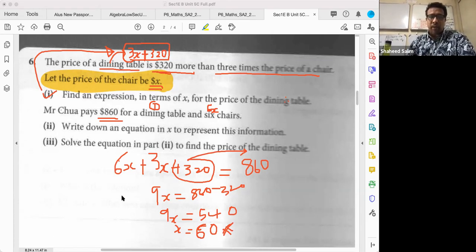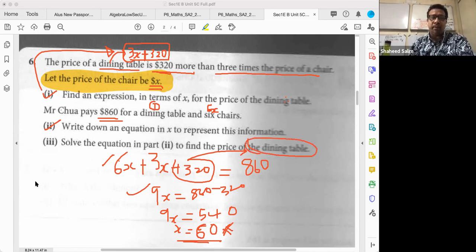So now this is the equation for number 2. We found the price of a chair, but they didn't ask for the price of a chair, they asked for the price of a dining table. So if the chair is 60, how much is the dining table? 3x plus 320, how much is it? We want it in dollars now.